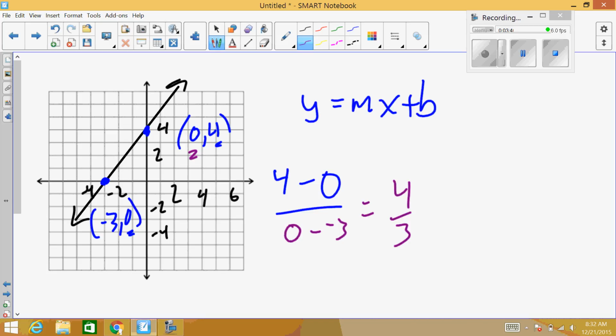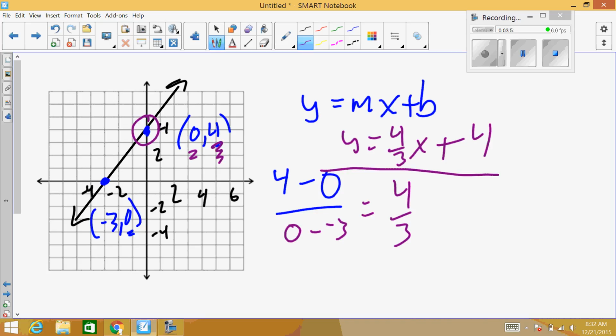So I have a slope of 4/3. Okay, so I go back to my slope-intercept form, y equals 4/3 x plus, and I know what the y-intercept is, right here, so b is 4. There's my equation for my line. That works really nicely when we have a nice y-intercept.